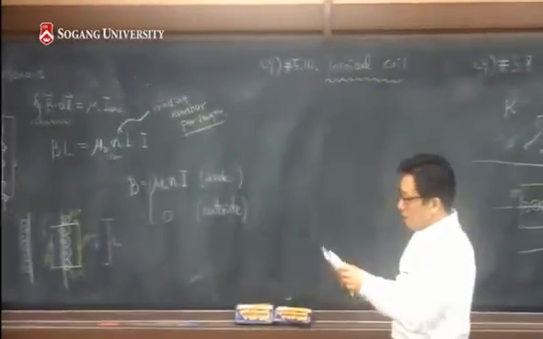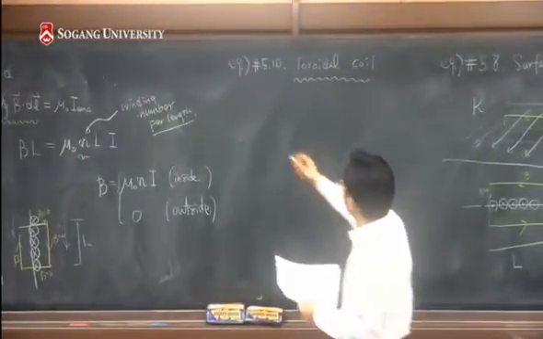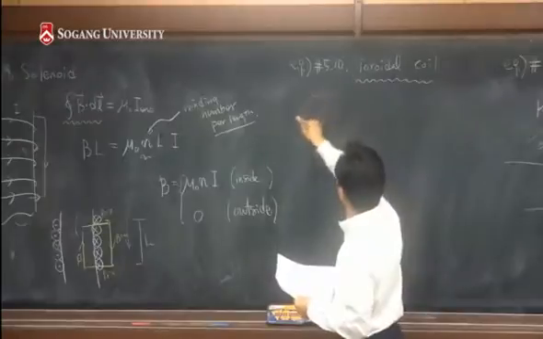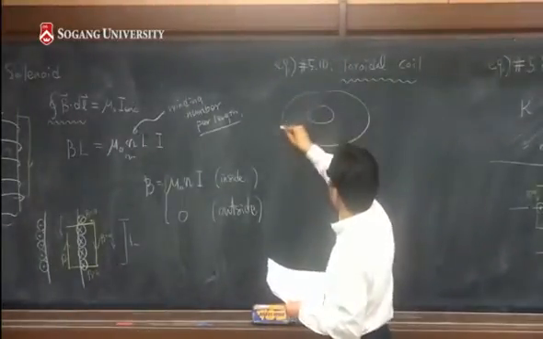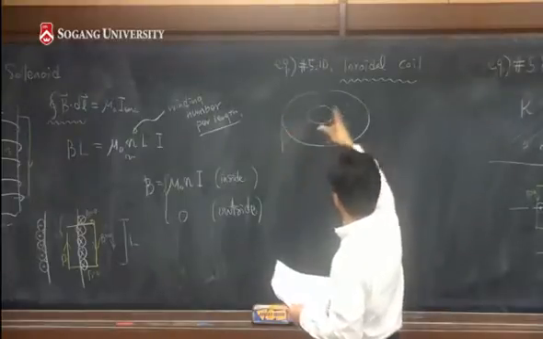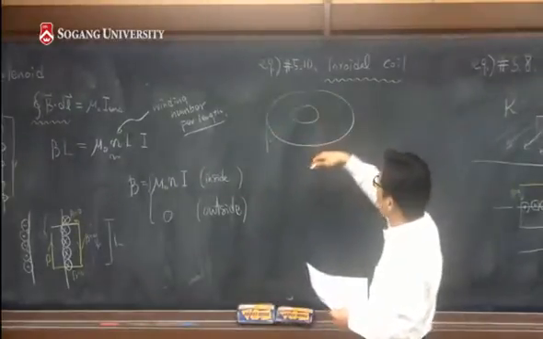Let's say you have a rectangular-shaped donut. It doesn't really matter whether it's a rectangular or round shape, but I just took the rectangular shape like this.